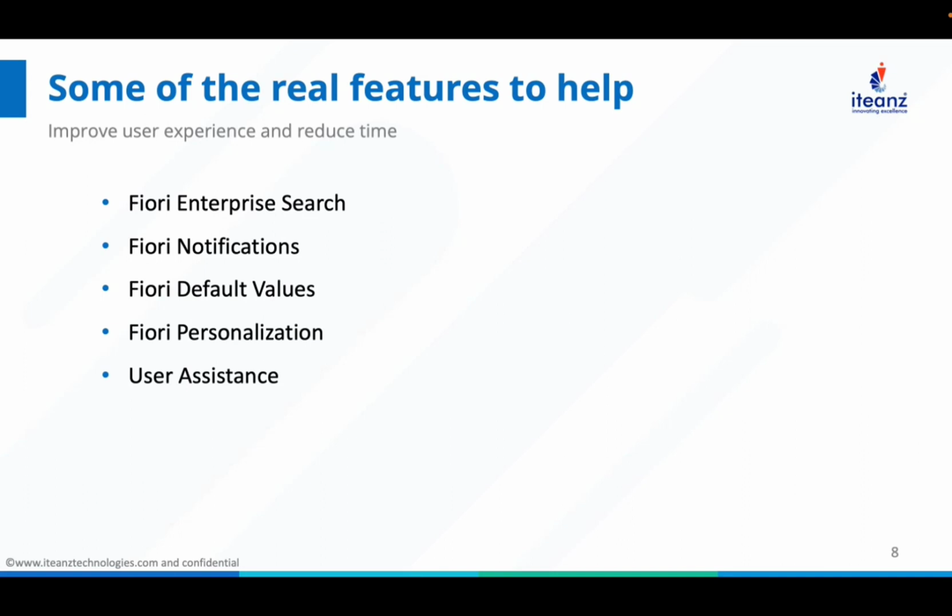It is such a powerful search that is offered by Fiori. That is what is called Fiori Enterprise Search. This is very useful, very much required. The second one is Fiori Notifications, which gives you a different set of notifications on your Fiori Launchpad.